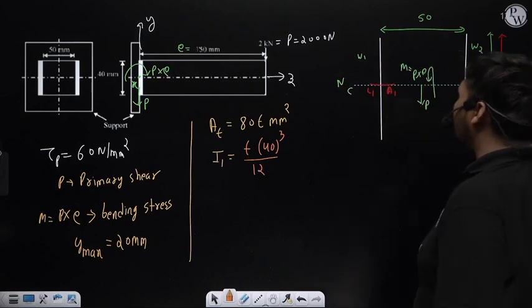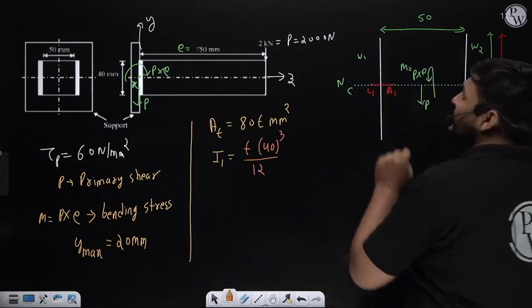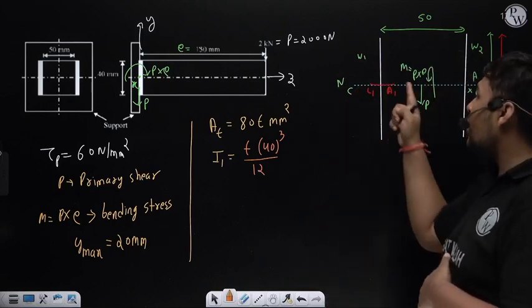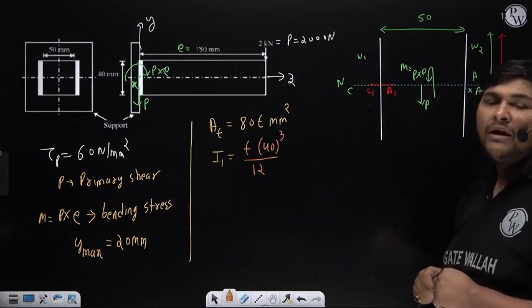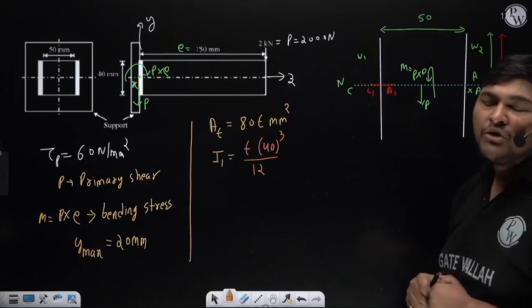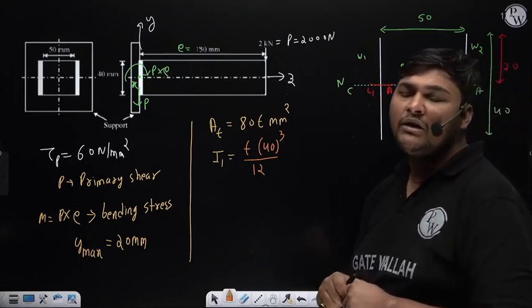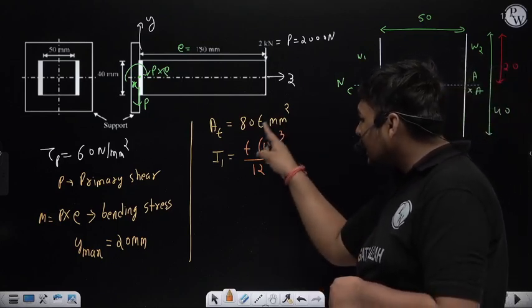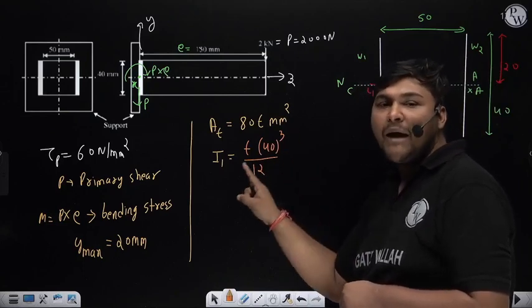Now to calculate the area moment of inertia of weld 1 about the neutral axis, we apply the parallel axis theorem. It will be the area of weld 1 into Y dash square, where Y dash is the distance between C1A1 and the neutral axis. But right now C1A1 and the neutral axis coincide, so Y dash will be 0. So this is the area moment of inertia of weld 1 about the neutral axis.